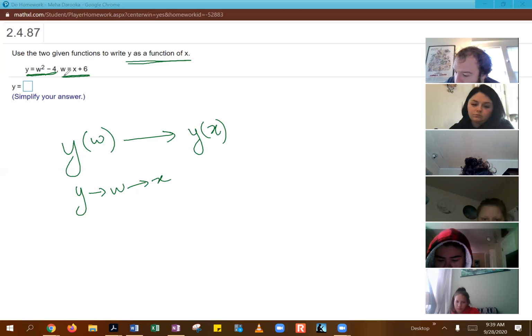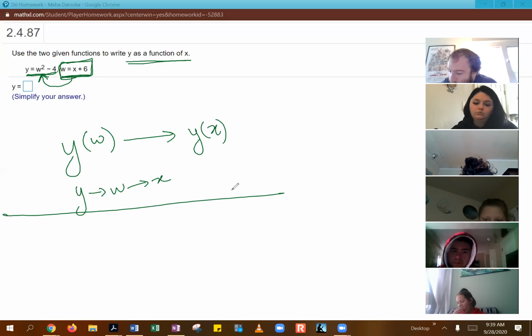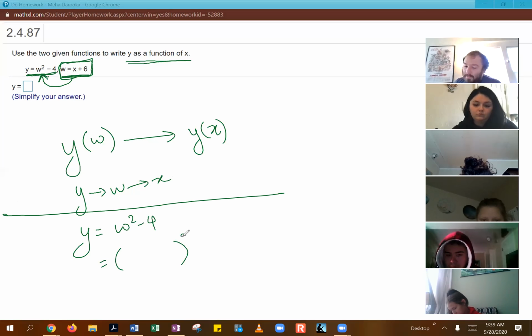So we are going to take this w equals x plus 6, and you're actually going to substitute inside that y function where you have w squared minus 4. So we have y equals w squared minus 4. So we are going to replace that w with x plus 6 because that's what they are giving us.